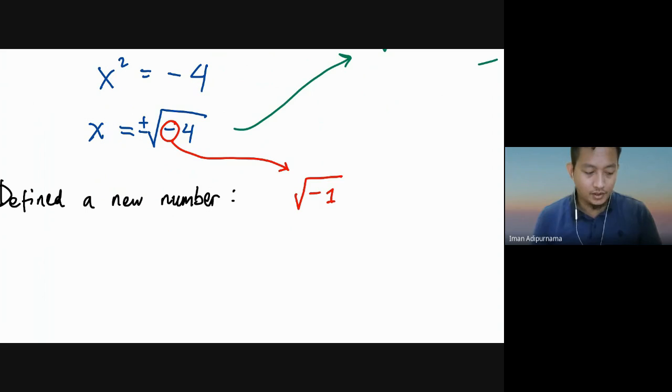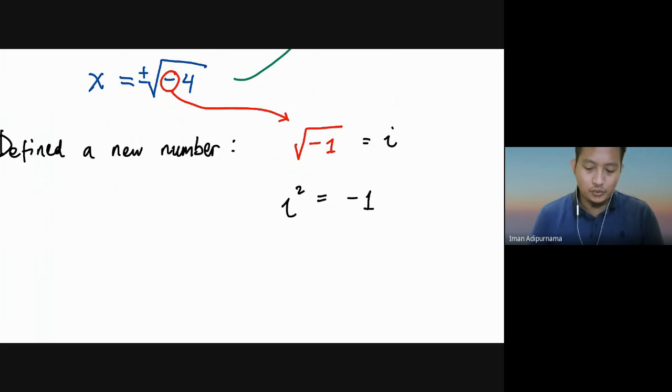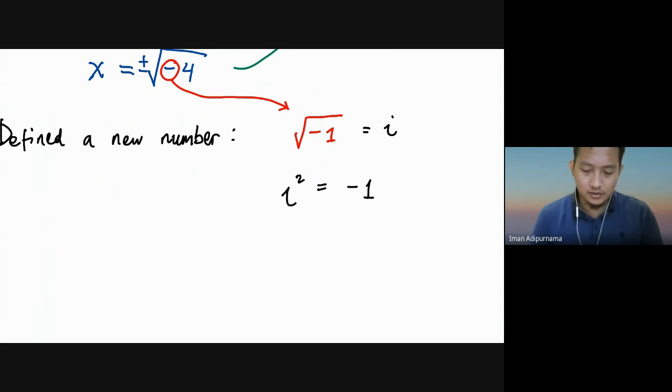So we call this the imaginary number i. Or we can also say i squared is -1. And we call this a complex number system.